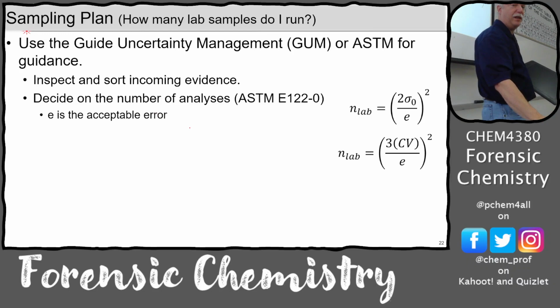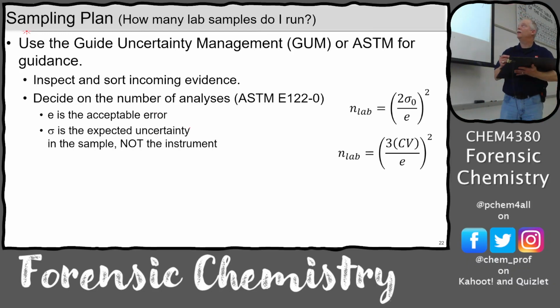Now, it gets really detailed, and you can come up here and you can decide, well, if I've got a known uncertainty in terms of my acceptable error rate, and I've got the expected uncertainty in the sample, not the instrument, then I can figure out how many lab samples to run. But these numbers are really hard to get.